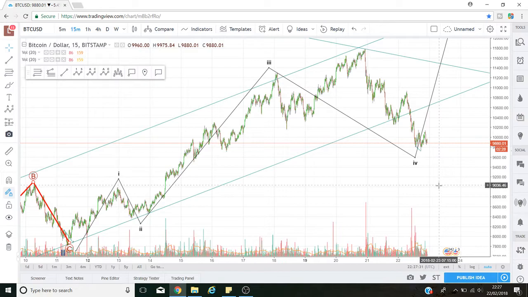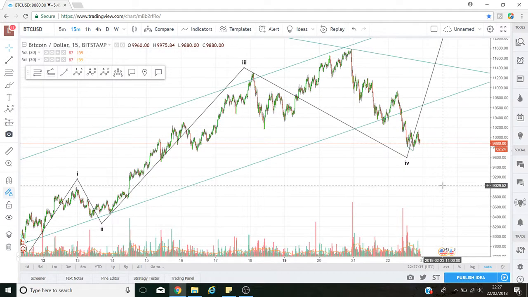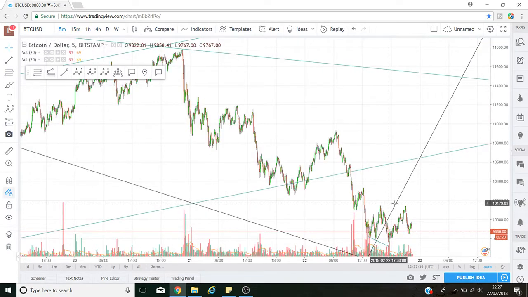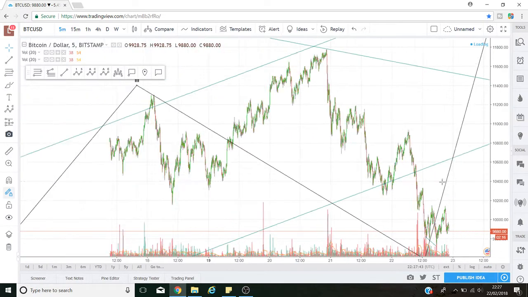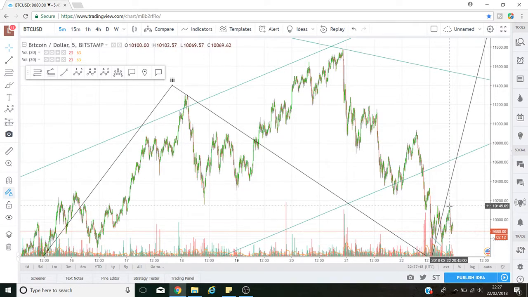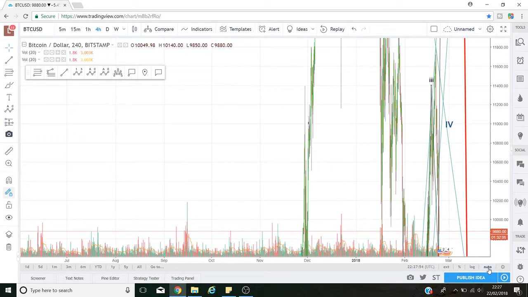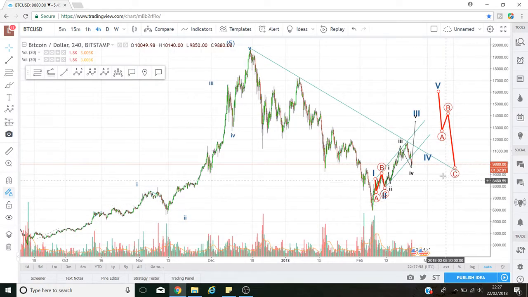Basically what I'm looking for, I saw an inverse head and shoulders developing. You know what, I think it may have been even on the 5 minute. Sorry about this. I saw an inverse head and shoulders earlier. Oh, here we go. Much more clear. Alright, so it's on the 4 hourly charts.